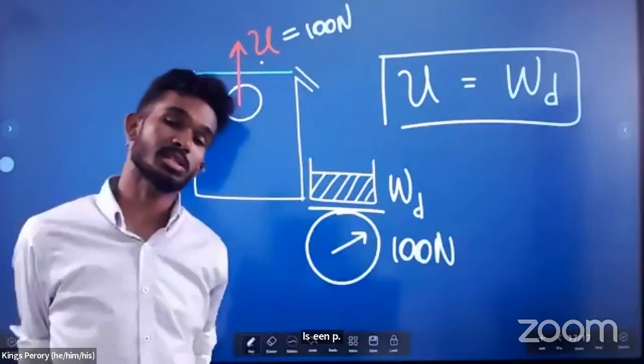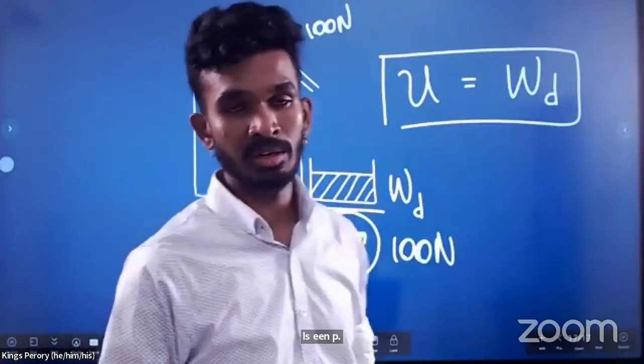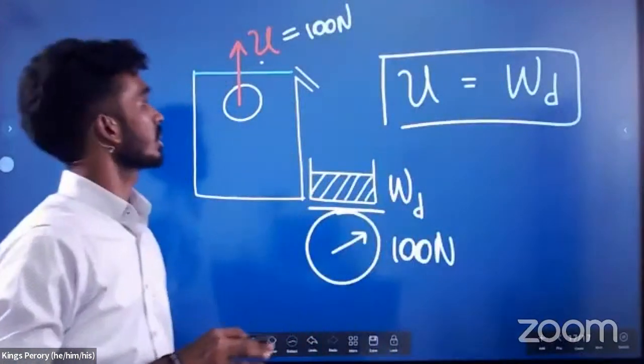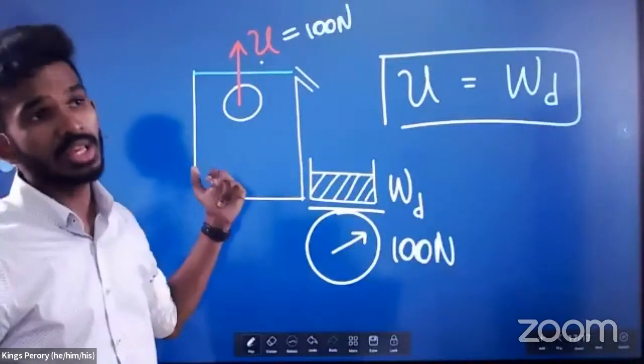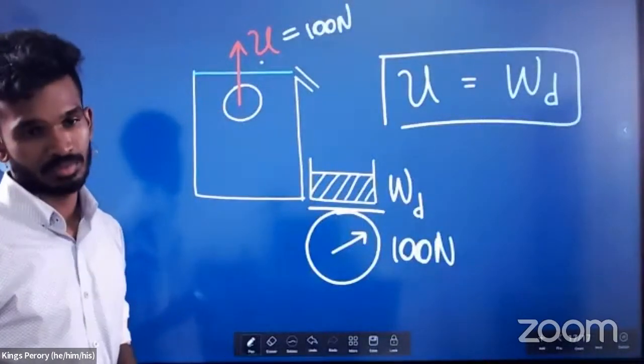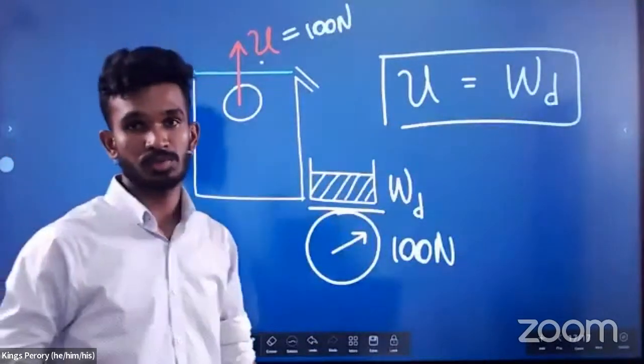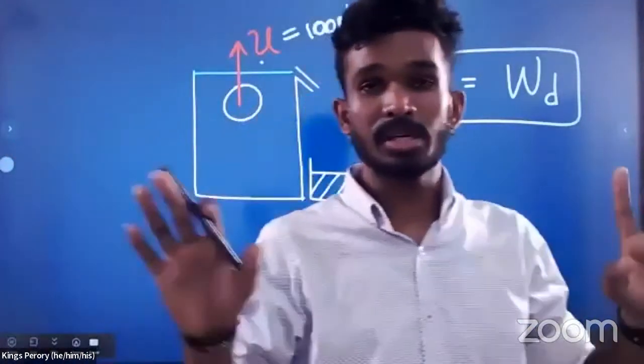That is Archimedes' principle. Again, what is Archimedes' principle? When an object is partially or fully immersed in a fluid, the upthrust acting is equal to the weight of the displaced fluid.